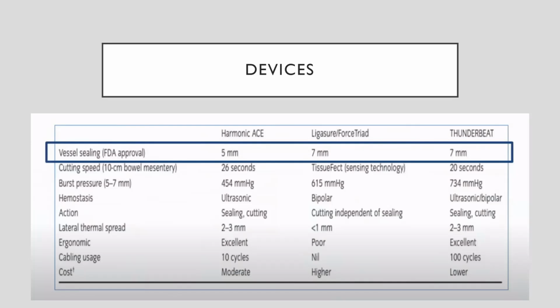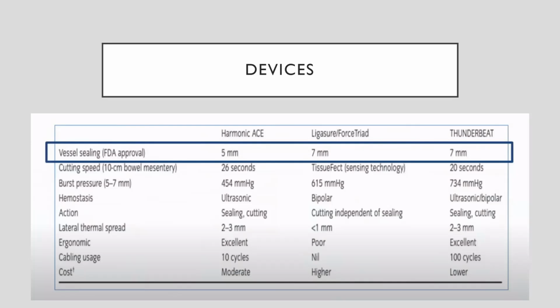Okay, so hemostasis and action, thermal spread, all these are comparative parameters. More or less, all the devices claim to have lateral spread between 1 millimeter to 2 millimeter. And of course, then ergonomic is something which depends on the surgeon experience. You may find one device more ergonomic than other.